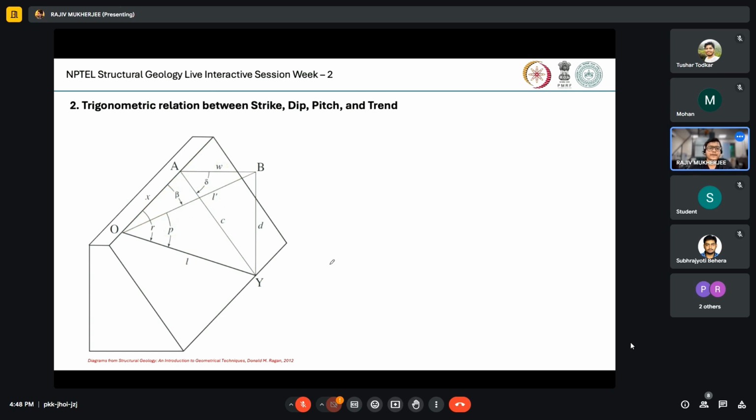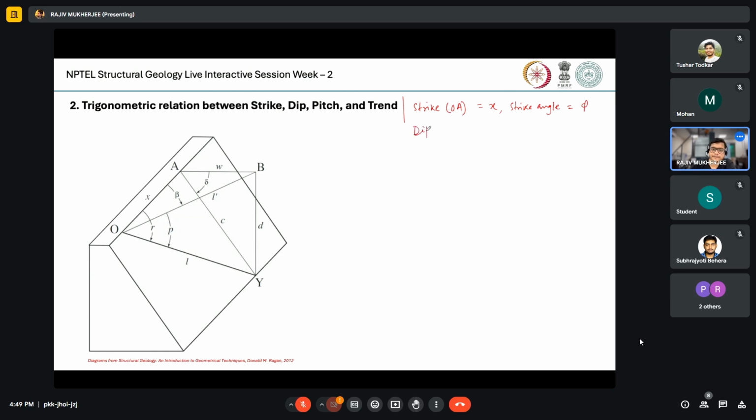Now we will see a trigonometric relation between strike, dip, pitch and trend, right? So just like before, our strike is OA and the length of this line is X. Strike angle is as usual phi, right?